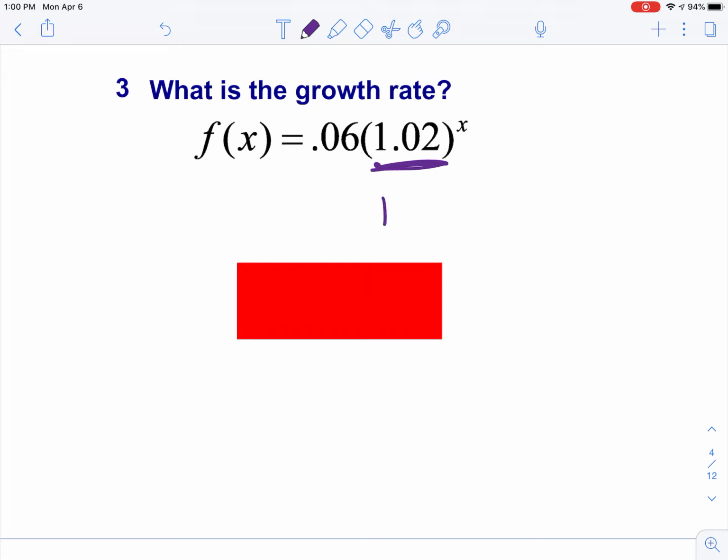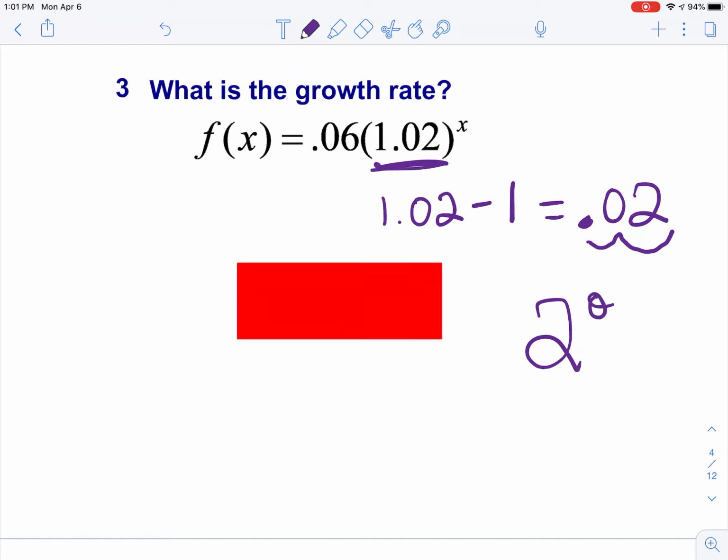So we have to take 1.02 minus that 100%. So I get 0.02. Now, what do I have to do to make that a percent? Move that decimal over twice. So your answer is going to be, it's a 2% growth rate. Don't forget that. Subtract that 1.